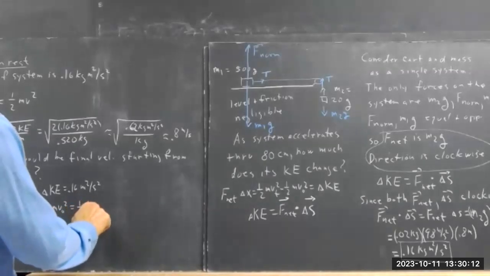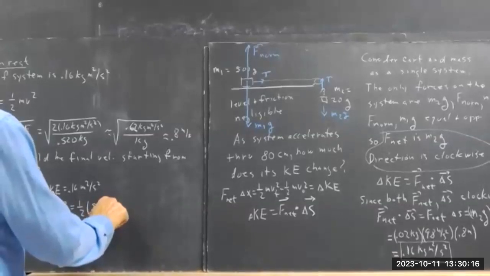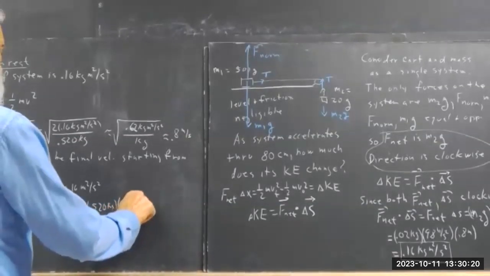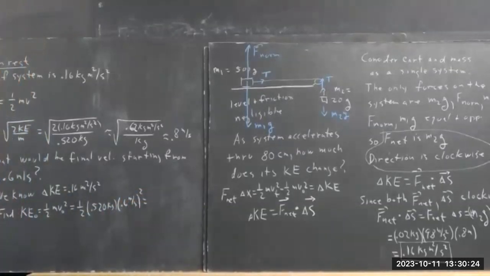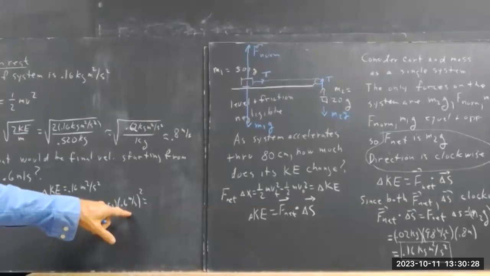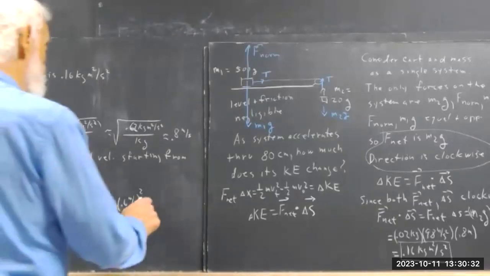That's going to be 1/2 times 0.520 kilograms times 0.6 meters per second quantity squared. You know, this is about a half, this is about a half, this is 0.36. So we're going to get something pretty close to 0.09.